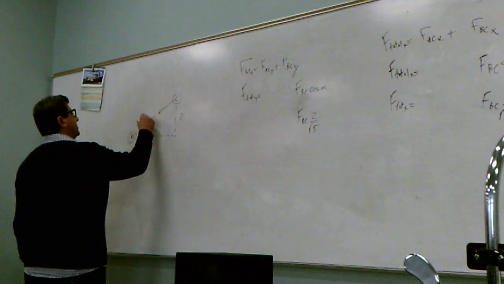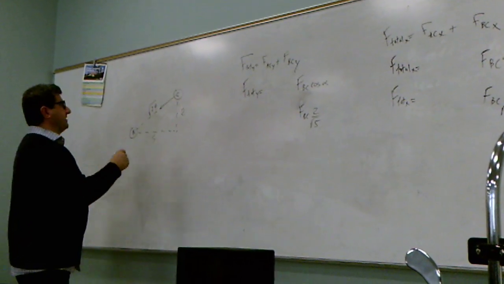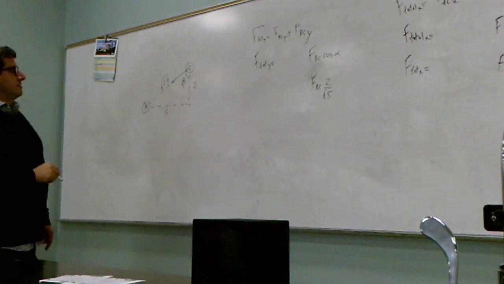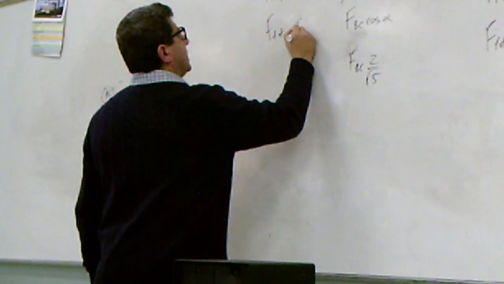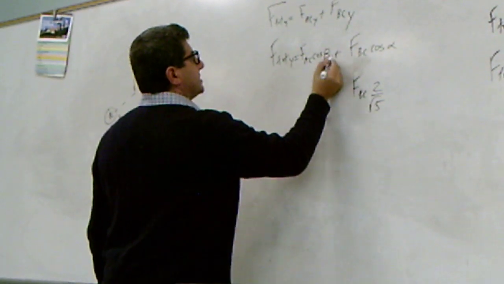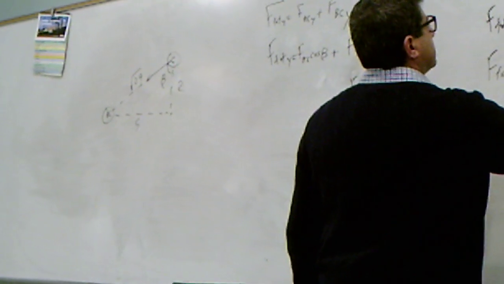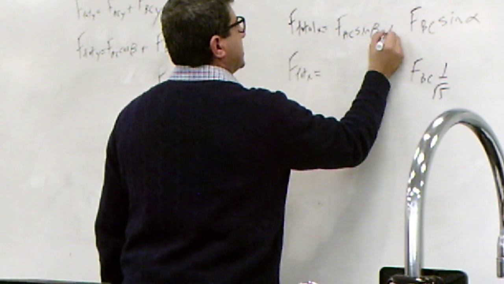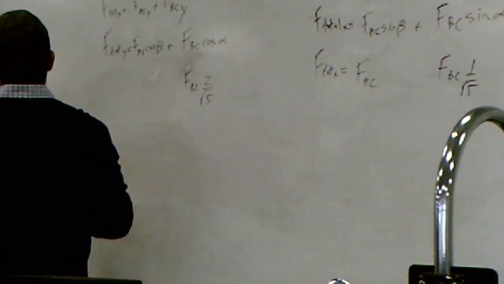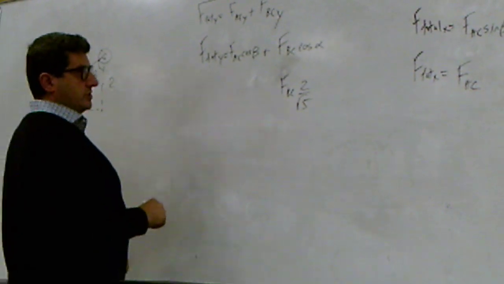So then this is going to be square root of 29. Okay, so now I'm going to define this angle as beta, right? And then this is going to be FAC cosine beta plus FAC sine beta, and sine beta is going to be 5 over square root of 29.